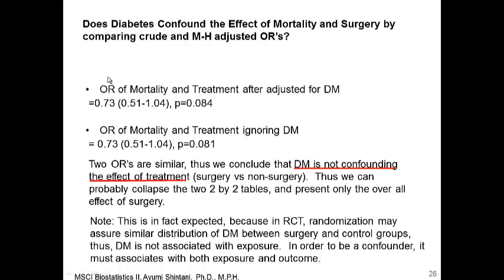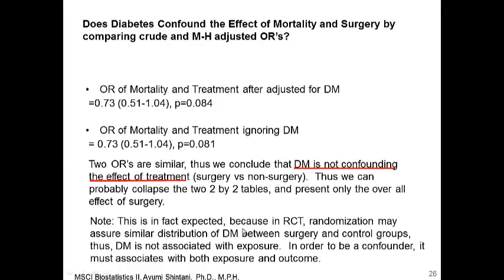Therefore, we compared the diabetes-adjusted odds ratio for CABG with the unadjusted effect of CABG, and these two are not different. Therefore, we concluded diabetes is neither confounding nor modifying the effect of treatment, nor is there an interaction.